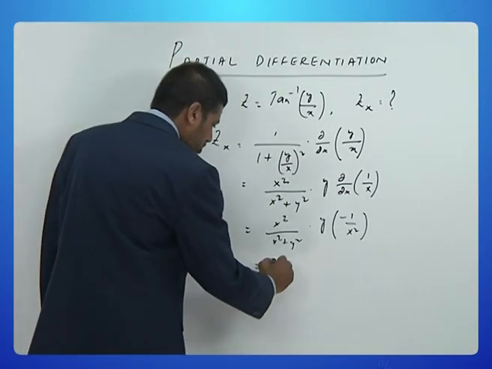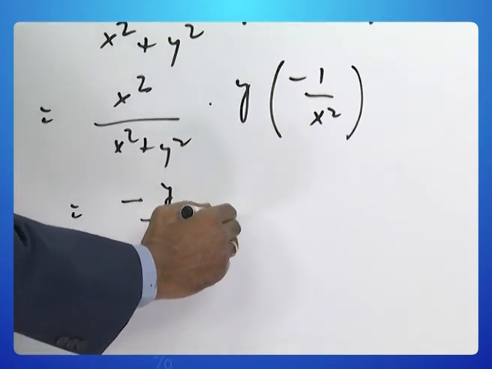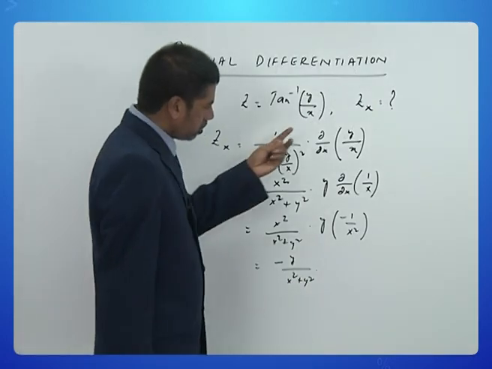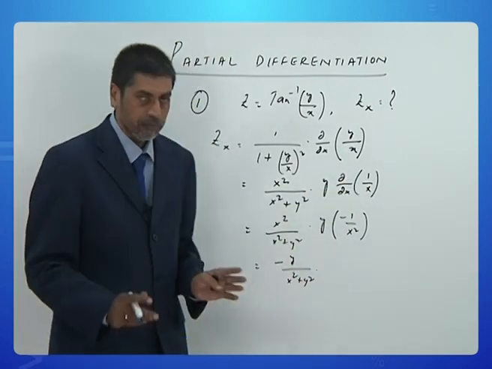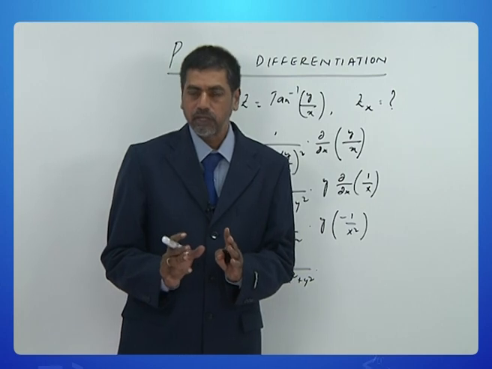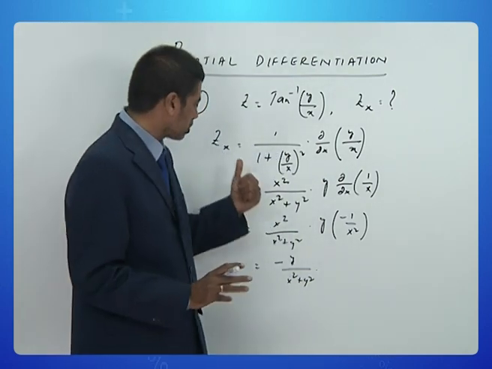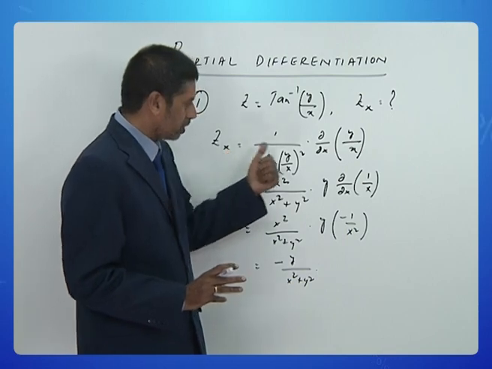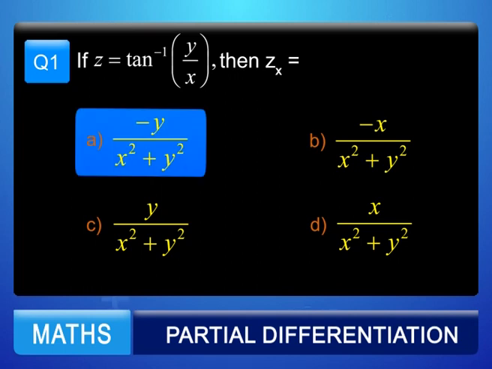So this gives us minus y by x squared plus y squared. So this is how you can maintain all the rules of differentiation exactly the same while keeping an appropriate variable constant. In this case, differentiation with respect to x is going on, therefore the variable y is treated as constant. So the correct option for this problem is A.